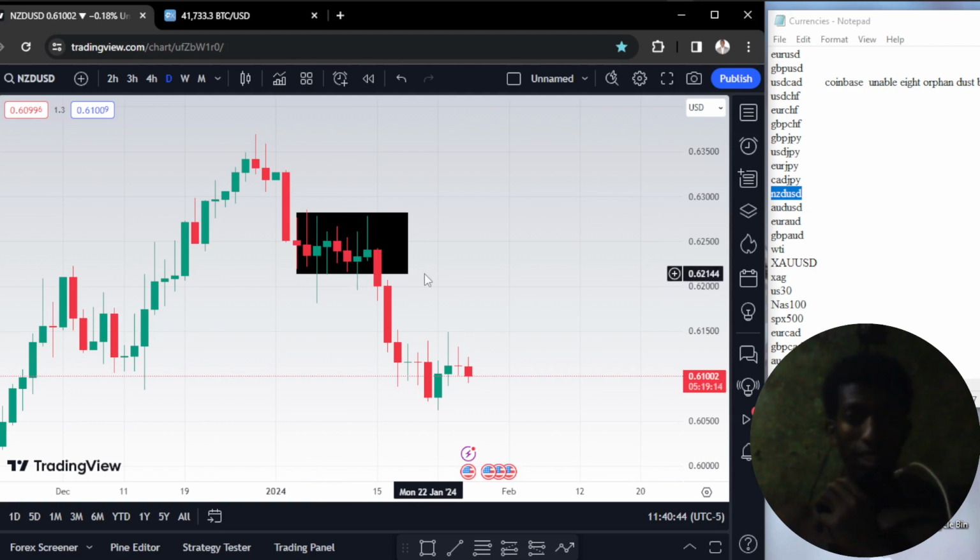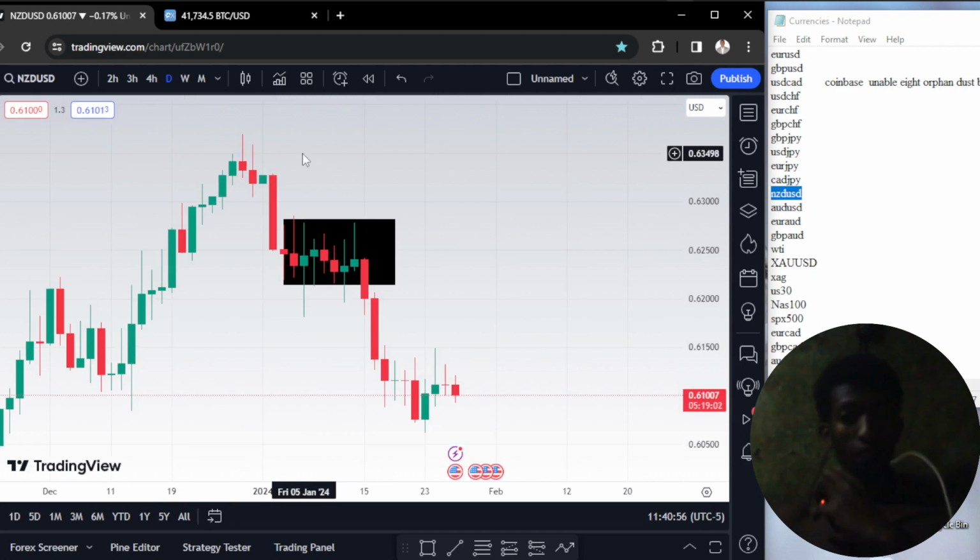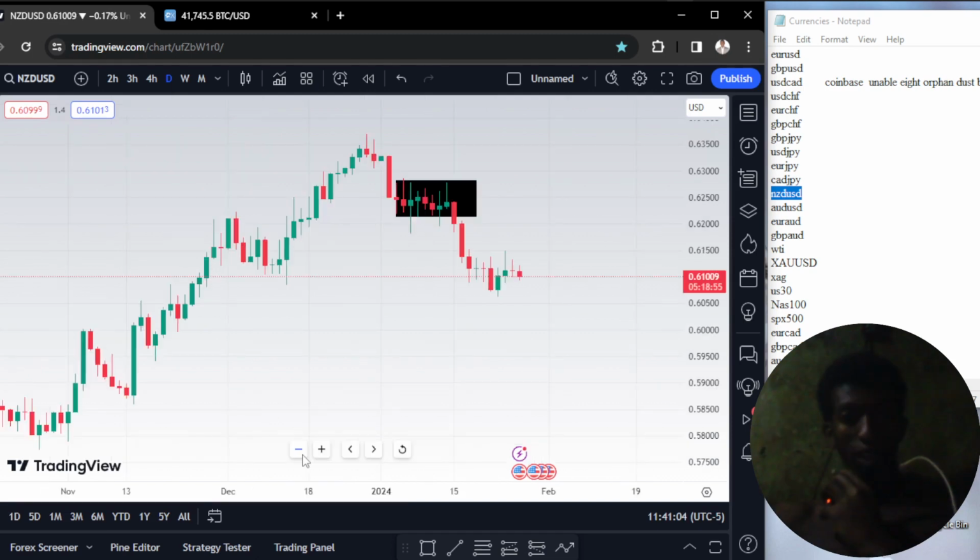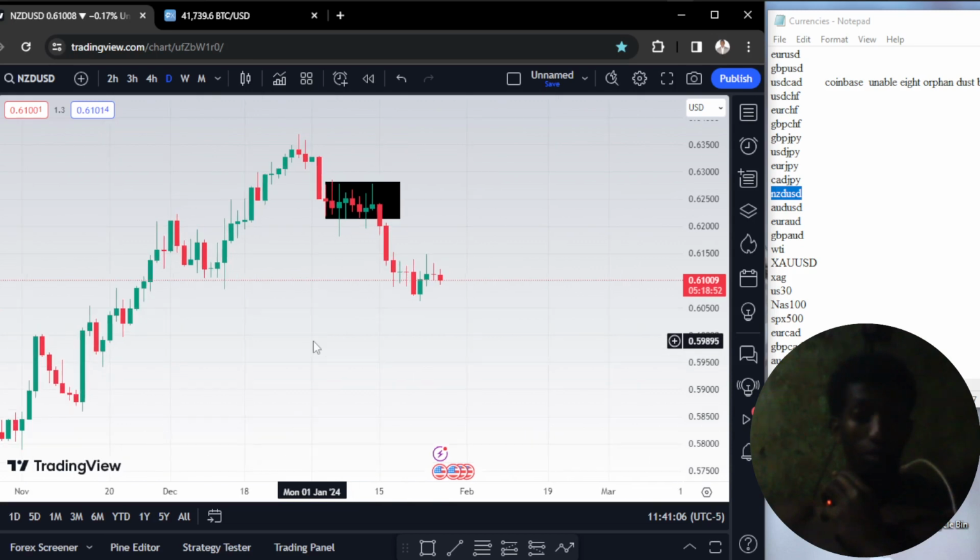It doesn't matter if it retraces. We don't even care. Why? Because it will not go up to your stop loss. It will not. This is a daily time frame, so I'm talking for the swing traders, not the intraday traders. If you want to trade within a day, then this is not for you.